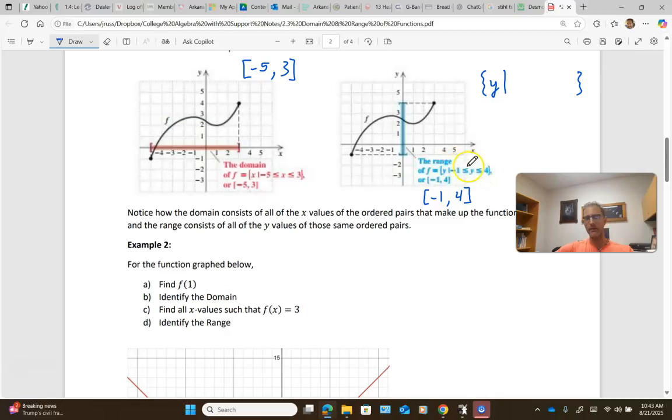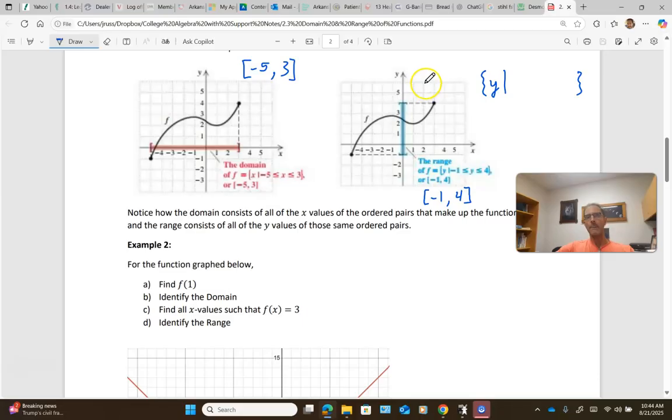That's the way they have it listed right here. And notice I'm using y because we're referring to the range. If I was talking about the domain, I would have it listed like this: all values of x such that x is between these 2 numbers.